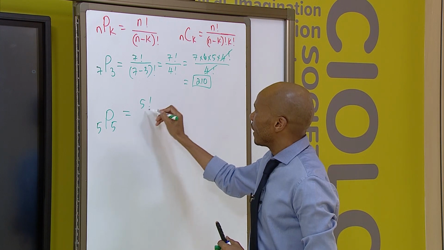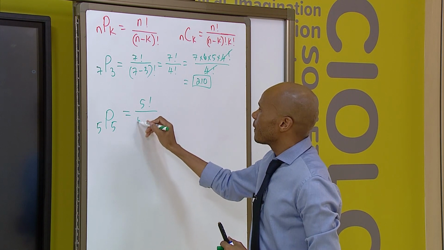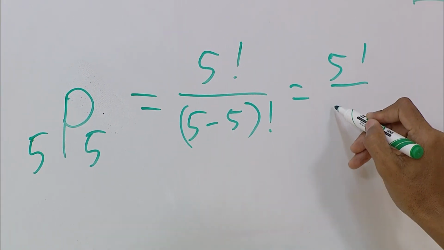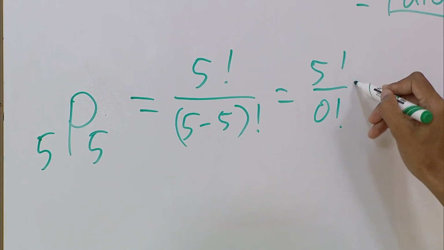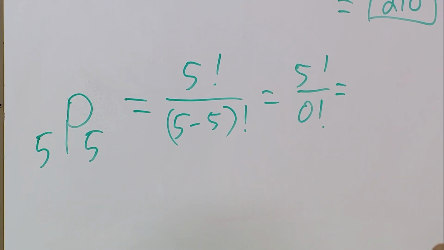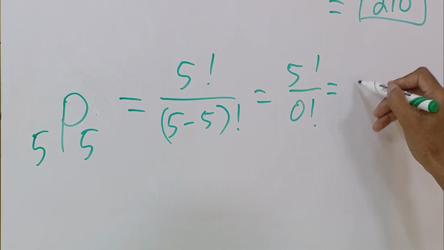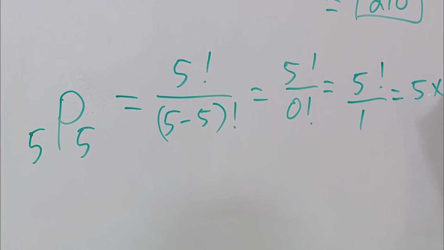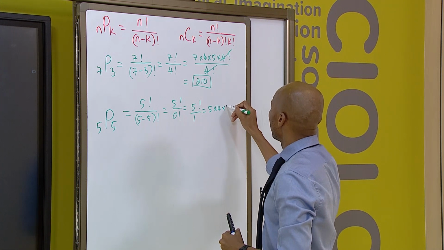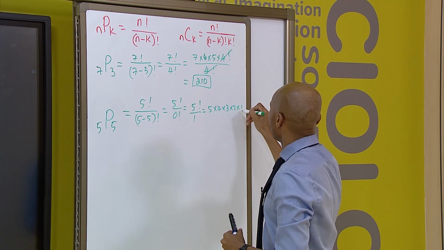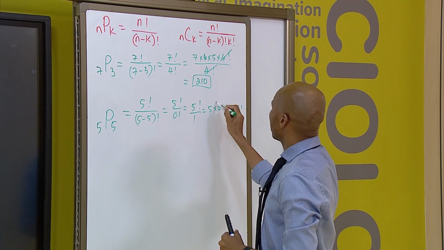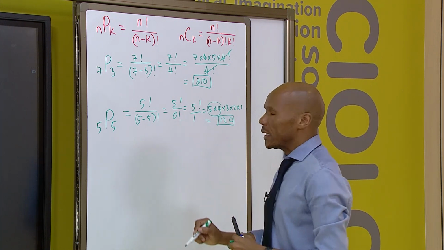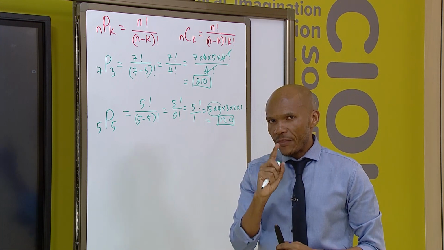So that would be 5 factorial divided by 5 minus 5 factorial, 5 factorial divided by 0 factorial. And remember what we said 0 factorial was? 1. So that will be 5 factorial divided by 1. So that will be 5 times 4 times 3 times 2 times 1. 20 times 6 is 120. All right?